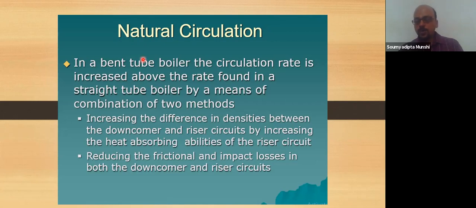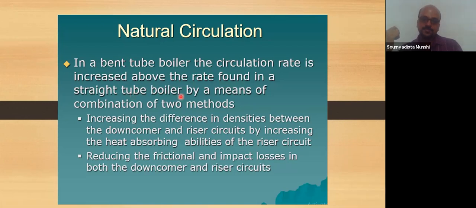In the bent tube boiler, which I told you about, there is accelerated circulation. The tube is bent, so it is also called the bent tube boiler. The circulation rate is increased above the rate found in the straight tube boiler.